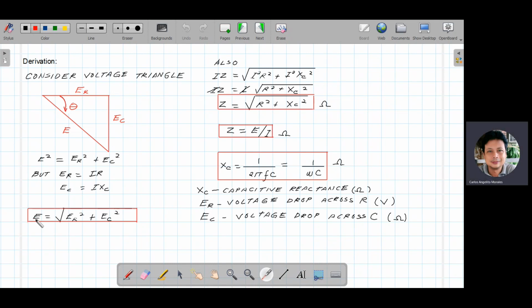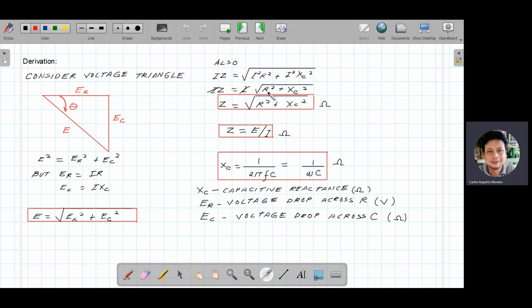Also, ang formula ng E ay I times the impedance, which is equal to the square root of ER squared plus EC squared, which is I squared R squared plus I squared XC squared. So, ipapactor out mo itong current para ang matira na lang sa loob ay R squared tsaka XC squared. Tapos kunin mo yung square root.